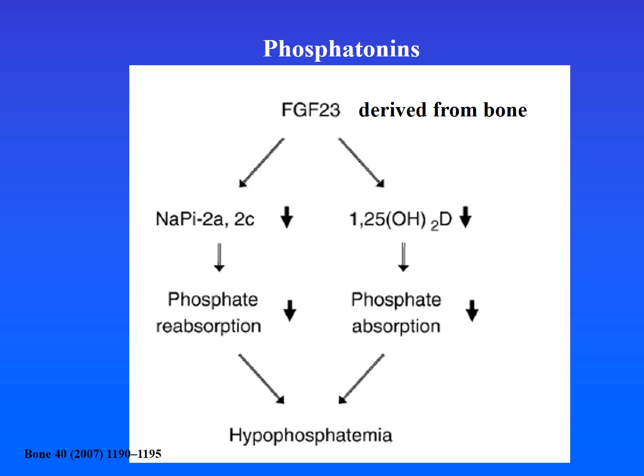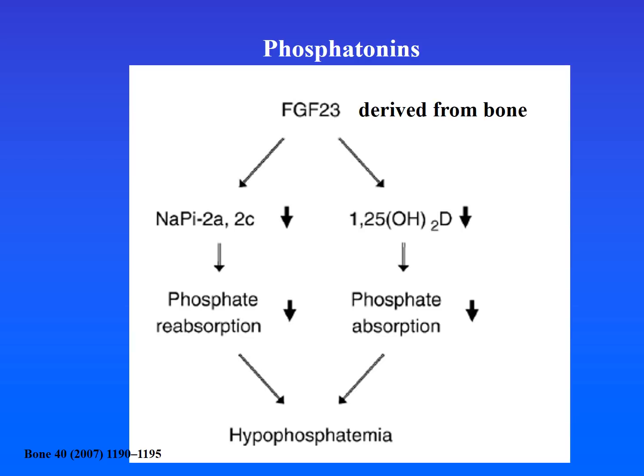It causes hypophosphatemia by reducing the expression and activity of phosphate transporters in the renal tubule, these sodium phosphate 2A and 2C proteins, which leads to decreased phosphate reabsorption from the proximal tubule and consequently hypophosphatemia.